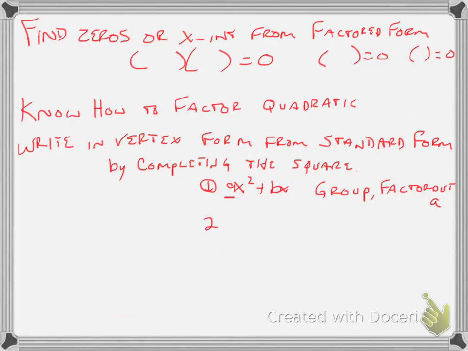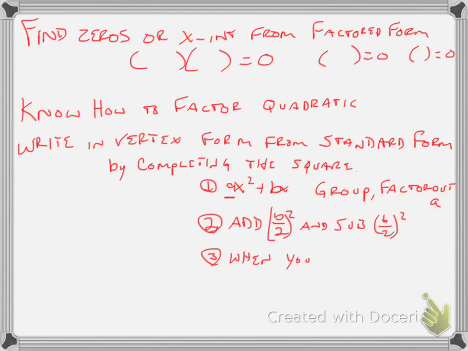Factor out the a. Add b over 2 squared and subtract b over 2 squared in the parentheses. When you bring that negative one out of the parentheses, multiply with what you factored out at the beginning, the GCF.